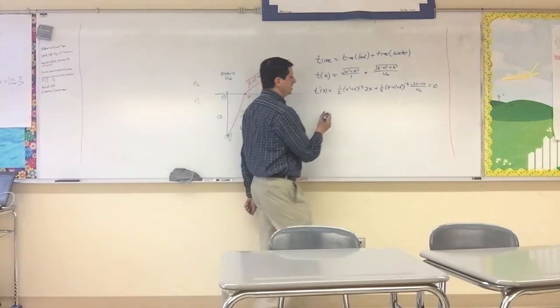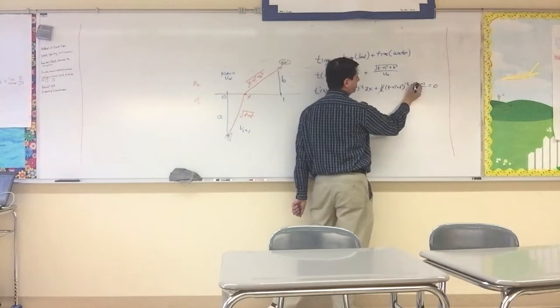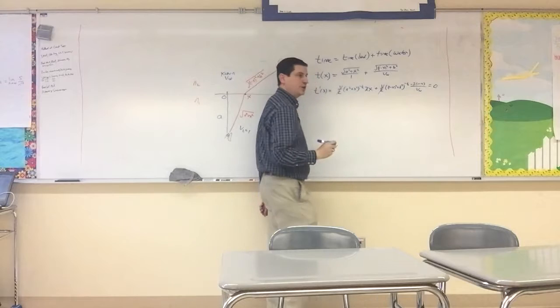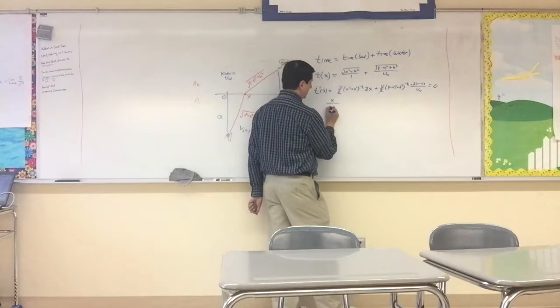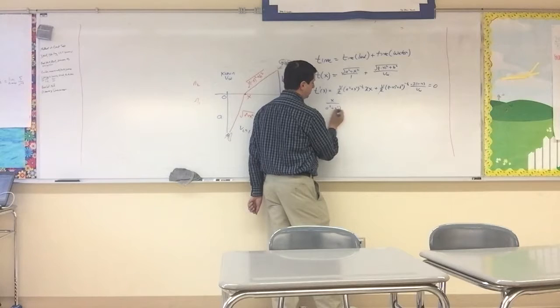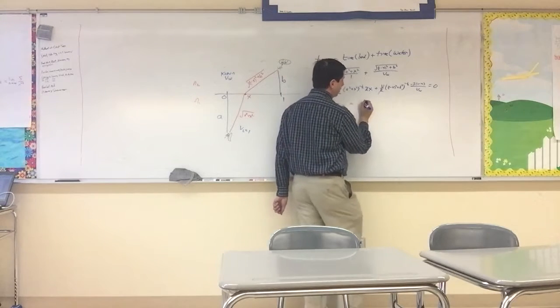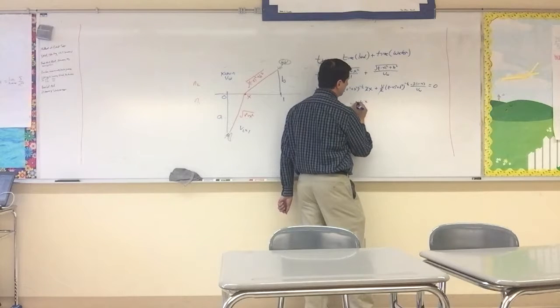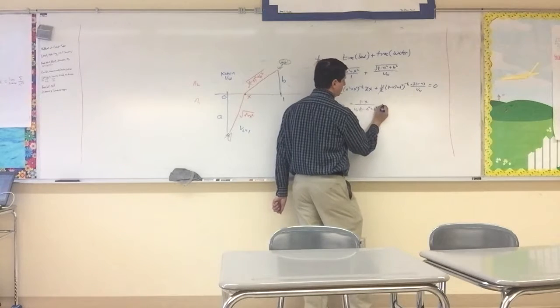All right, so now let's see. The 1/2 cancels with the 2. The 1/2 cancels with the 2. The negative, we'll put that over to the other side. We'll get x over (a squared plus x squared) to the 1/2 is (1 minus x) over VW, and then ((1 minus x) squared plus b squared) to the 1/2.